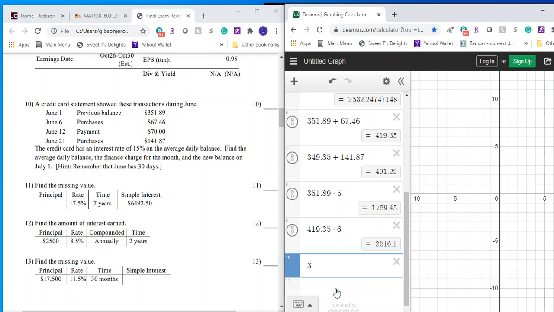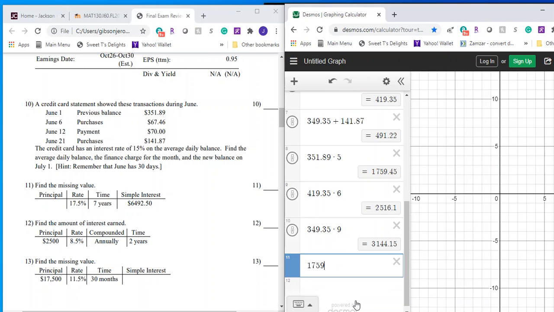Then we would do 349.35 times 9, which would give us $3,144.15. And then 491.22 times 10 would be $4,912.20. Now we need to add all of these together.